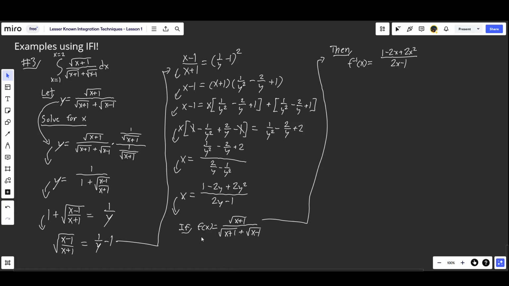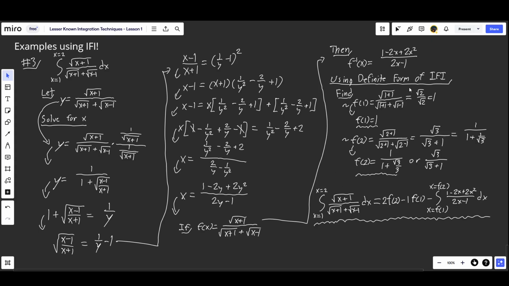If we let f of x be equal to the integrand, and we replace x with the inverse of f of x right here, and y with x, we receive that f of x's inverse is 1 minus 2x plus 2x squared over 2x minus 1. This looks a lot easier to integrate than what we had at the beginning.